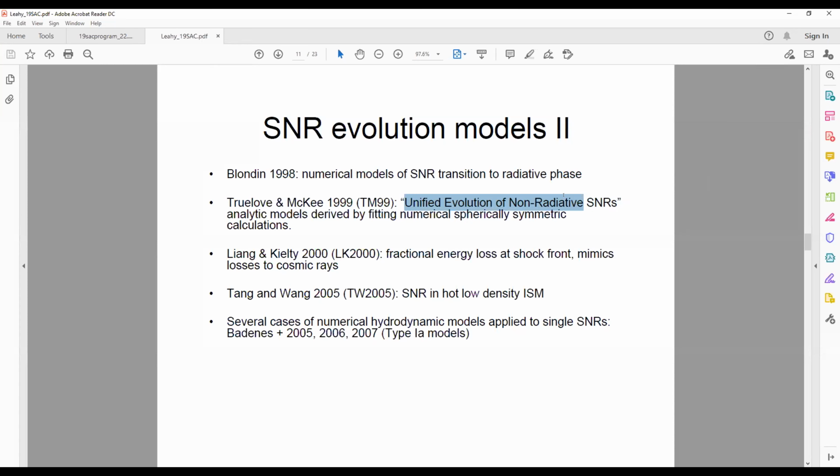It's really adiabatic, but it's not Sedov-Taylor because the mass of the ejecta has an important effect. And that was realized by Truelove and McKee as well.